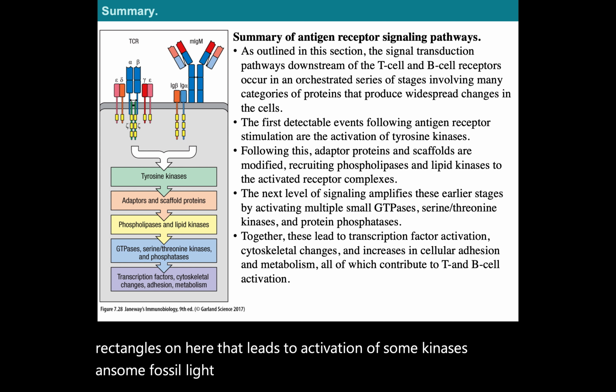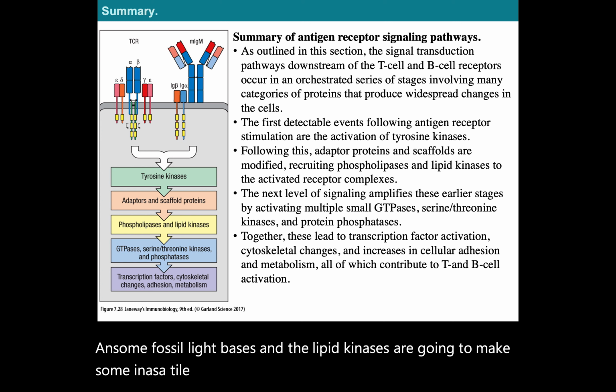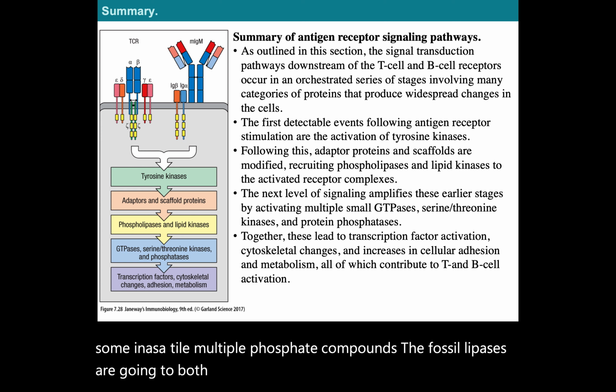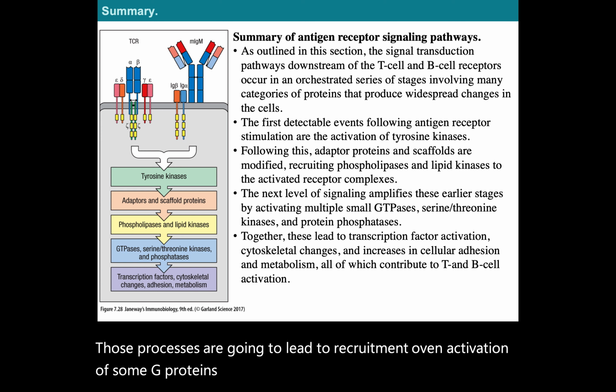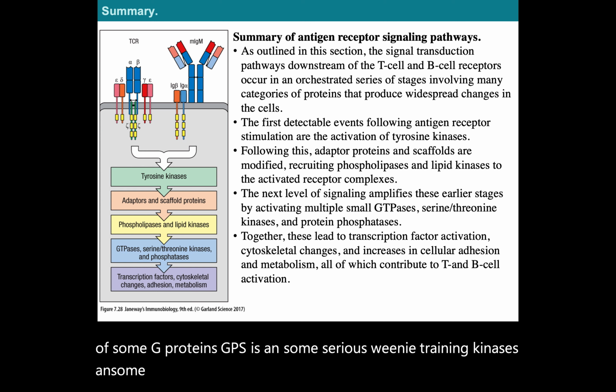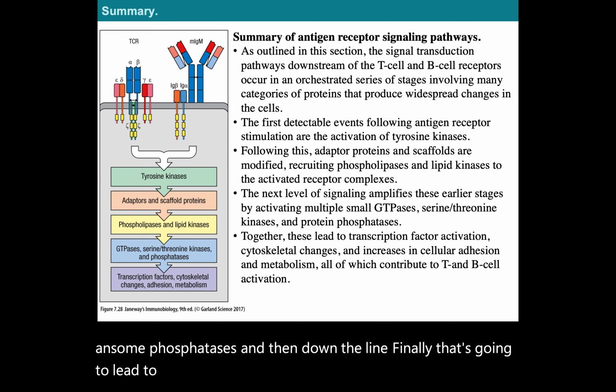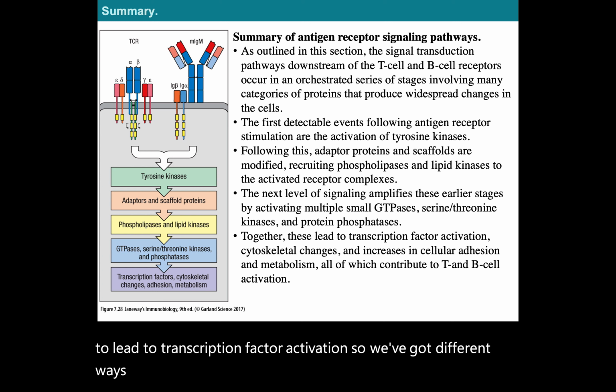And the lipid kinases are going to make some inositol, multiple phosphate compounds. The phospholipases are going to both bind those and cut them to pieces. Those processes are going to lead to recruitment and activation of some G proteins, GTPases, and some serine threonine kinases, and some phosphatases. And then down the line, finally, that's going to lead to transcription factor activation. So we've got different ways to do kind of the same thing in a different cell.